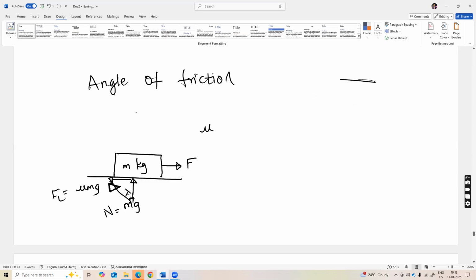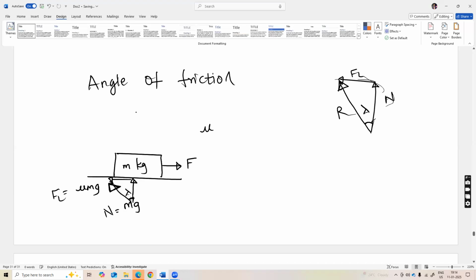One is limiting friction FL, one is normal reaction N. So the resultant of these two is known as contact force or reaction force, let's say R, and the angle it makes with normal is known as angle of friction.